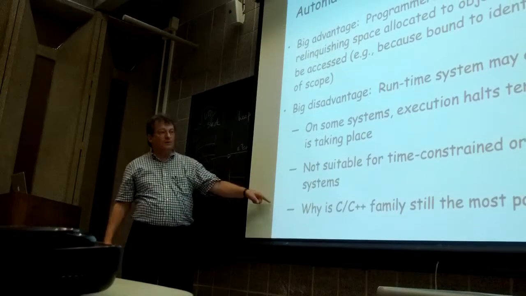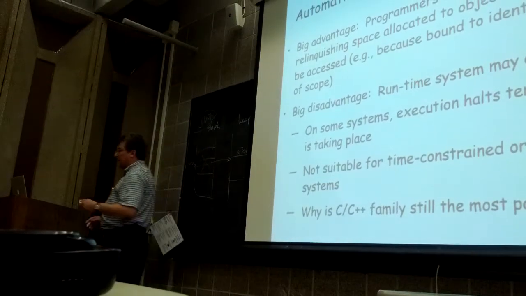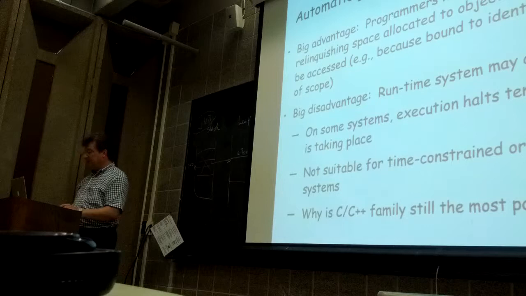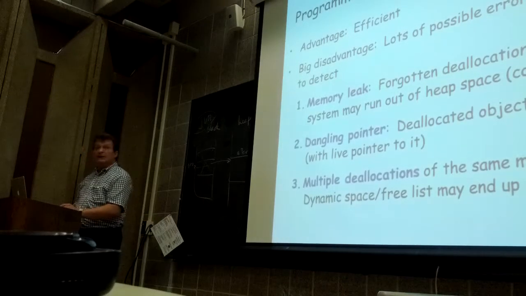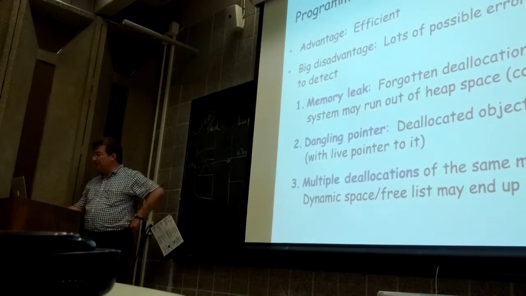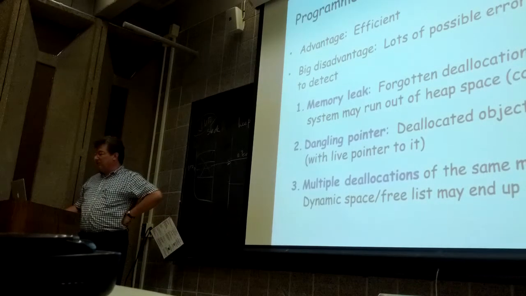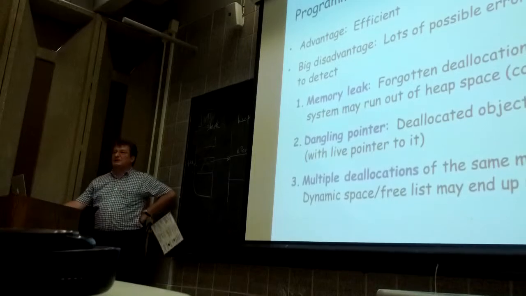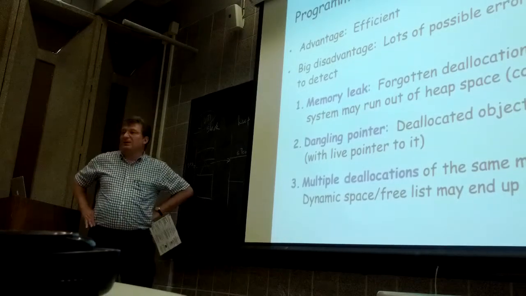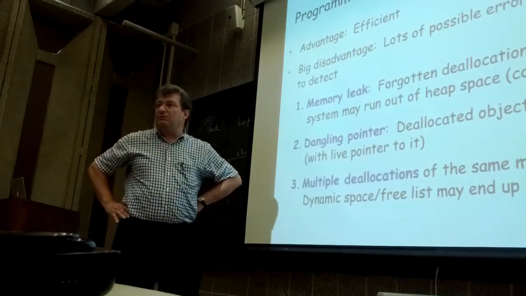So C and C++ are the most popular languages of the day still. Now I have 5 minutes, so I can finish explaining the disadvantages and the advantages of programmer controlled deallocation. The big advantage is efficiency. You have control over when objects get relinquished. When do they get relinquished?